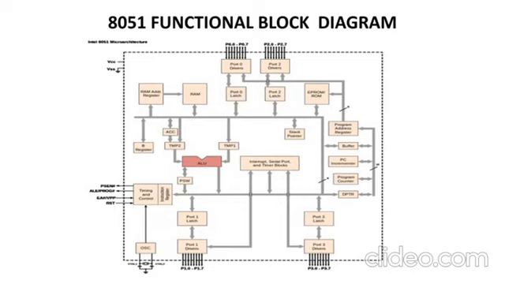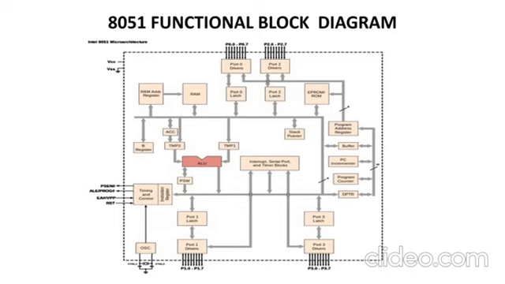Whenever a program is executing, the program counter stores the next address that is to be executed. After the program counter you have the incrementer. See what happens: if you have a 5-line program and the third line is being executed, the program counter holds the address of the 4th line.